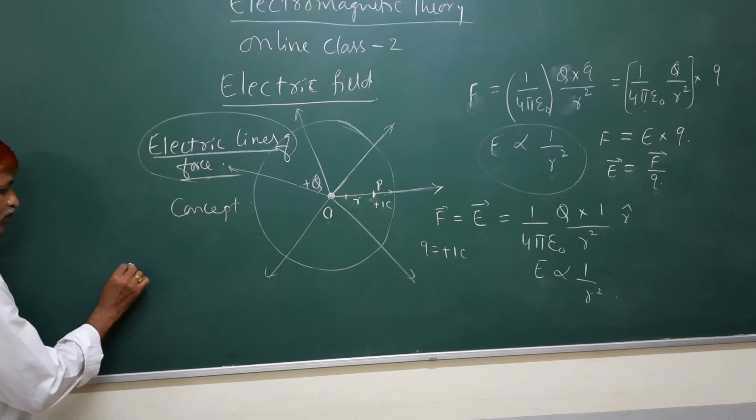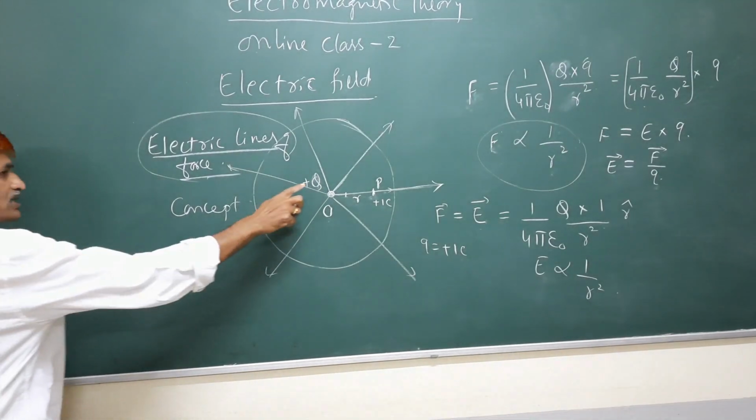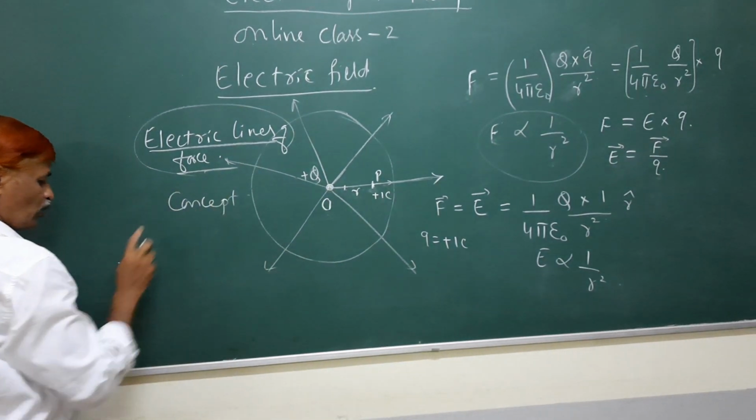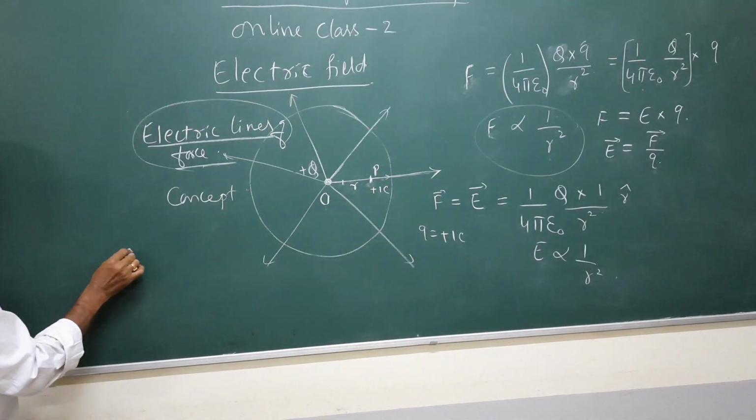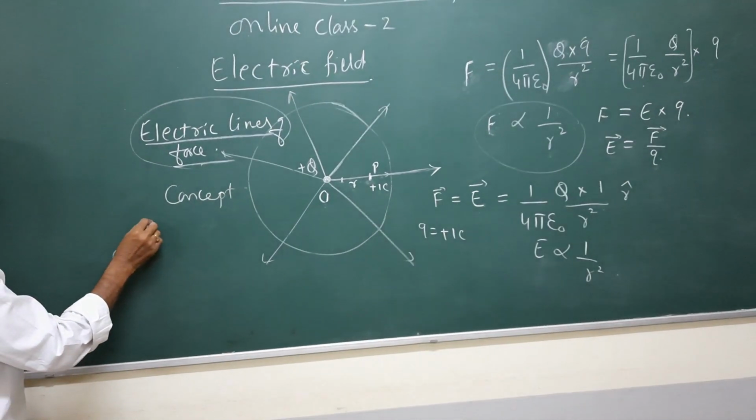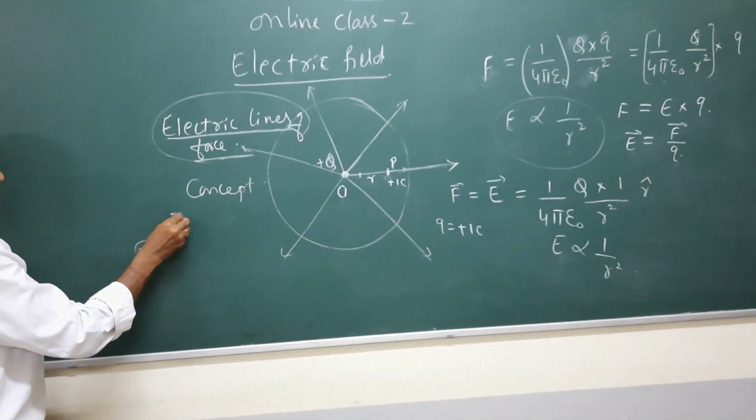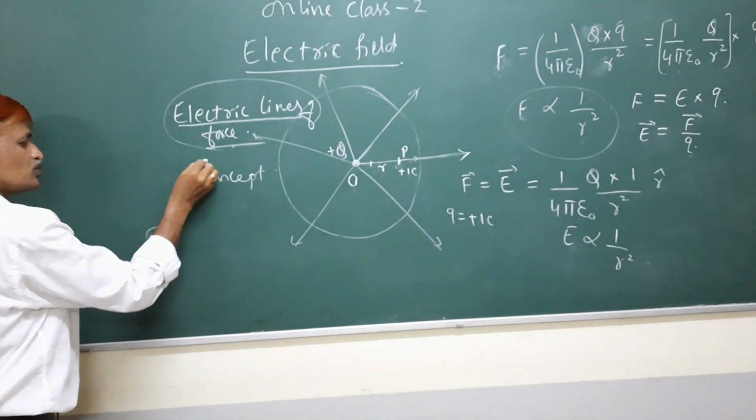So when you have plus Q at O, if it is a positive charge and you place a unit positive charge here, 1 coulomb, it moves this way.